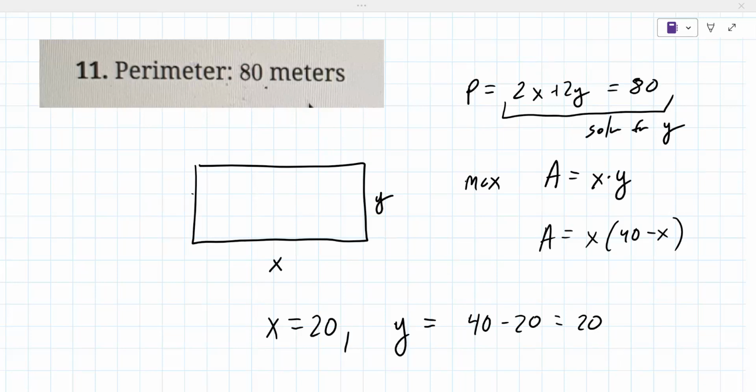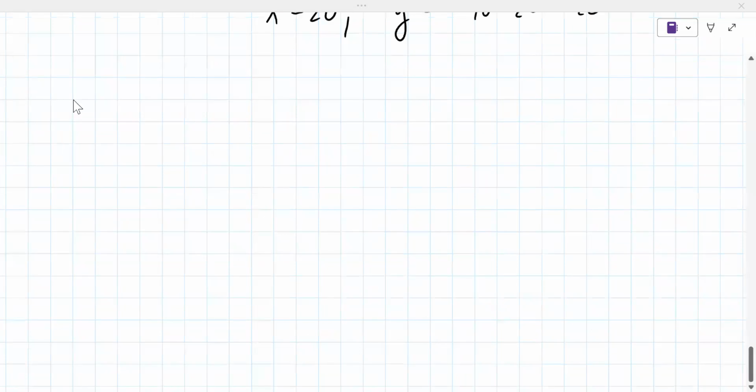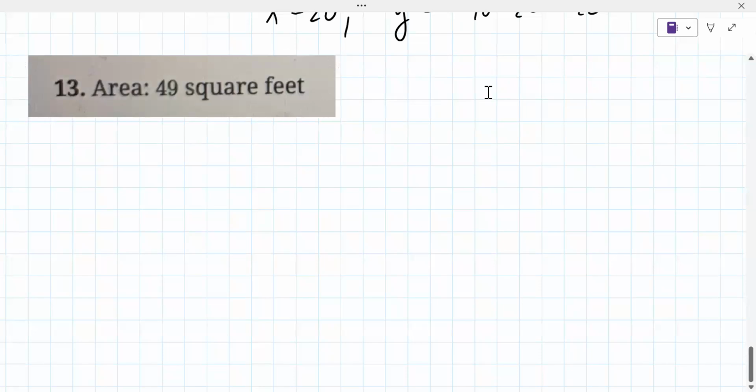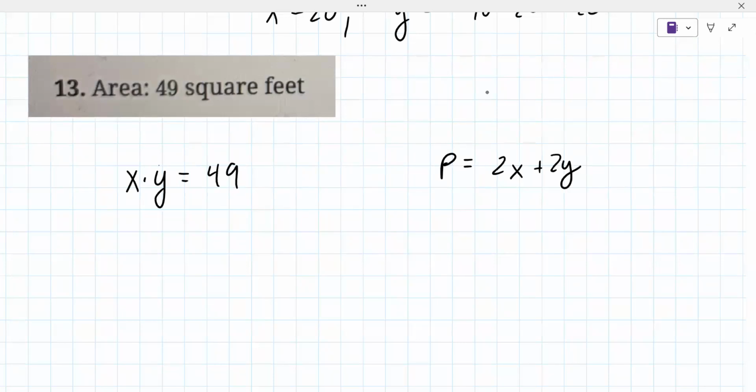Okay. So again, this is really similar. The area x times y is 49. But the perimeter is 2x plus 2y. So notice that the area this time is the equation that has the variables in it. Do you see that?